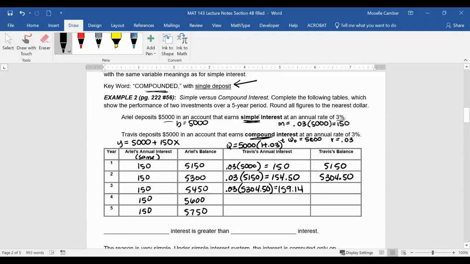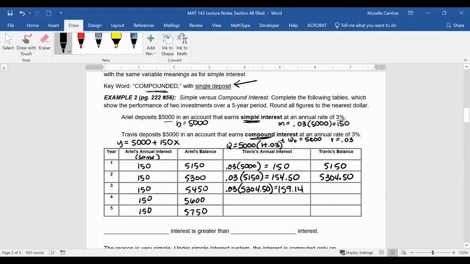So if I did the 0.03 times 5,304.50, I'm getting 159.135. So on paper, I'm rounding it, but I'm going to use the exact number in my calculator.